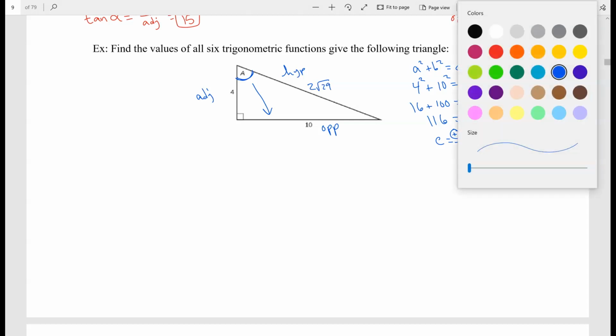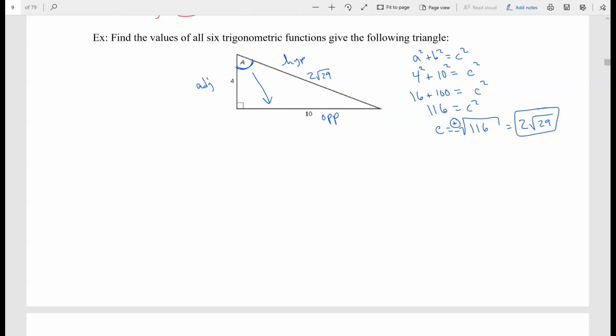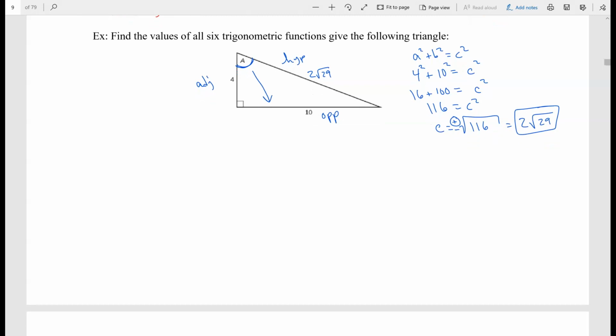Now we're going to get all of our trigonometric functions. We're going to start off with sine of A. Remember, sine of A is going to be the opposite over the hypotenuse. So that's 10 over 2 square root of 29, and reducing this gives me 5 over square root of 29.